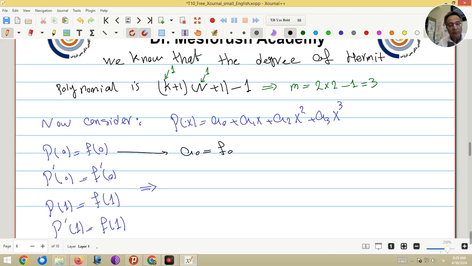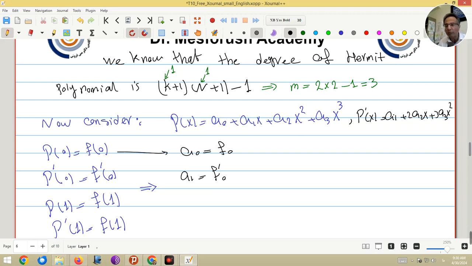Now consider p prime of x. Let me write p prime of x here. We get a1 plus 2a2x plus 3a3x squared. So consider p prime of 0, put 0 here. P prime of 0 should be a1. So a1 should be equal to f prime of 0.